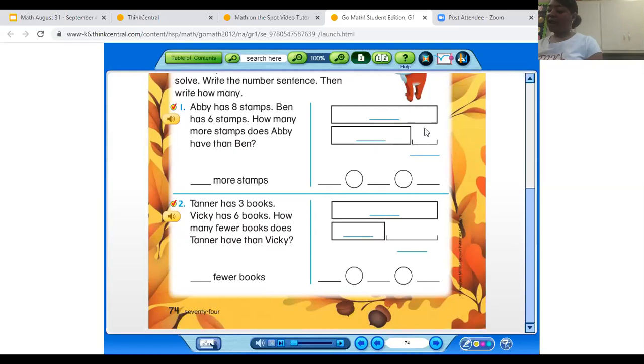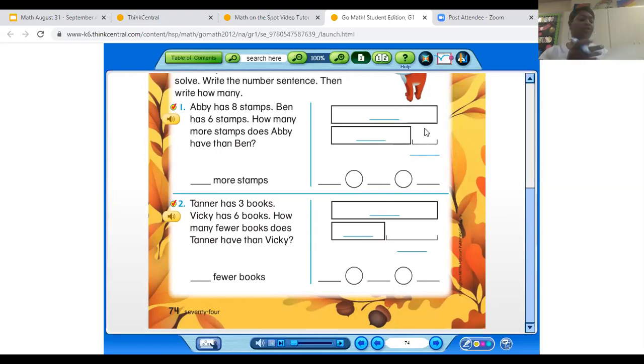Let's do one more, and then you will do the others on your own. All right, Tanner has 3 books. Vicky has 6 books. How many fewer books does Tanner have than Vicky? So who has the most books in this scenario? Tanner has 3 books. Vicky has 6 books. That's right, Vicky.